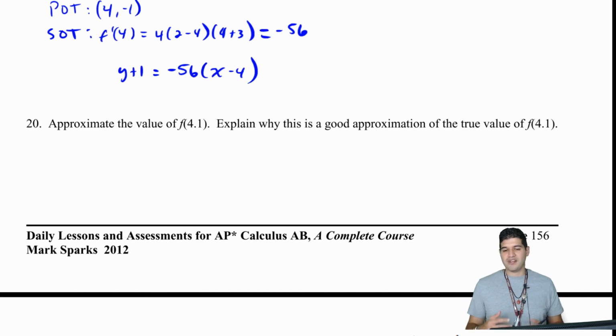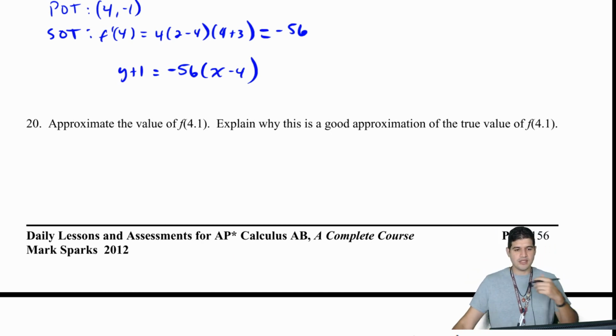And in this one, we want to approximate the value of f of 4.1. So what I'm going to do is substitute that into my equation up above for the tangent line, since 4.1 is super close to 4. So I'm going to get y plus 1 equals -56 times 4.1 minus 4.